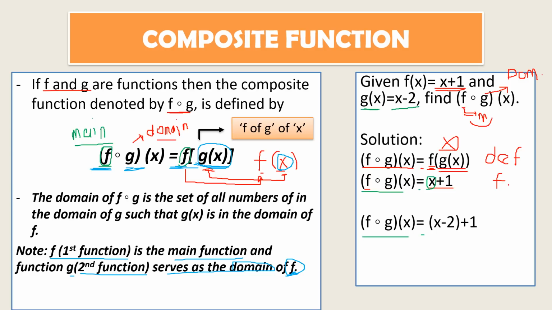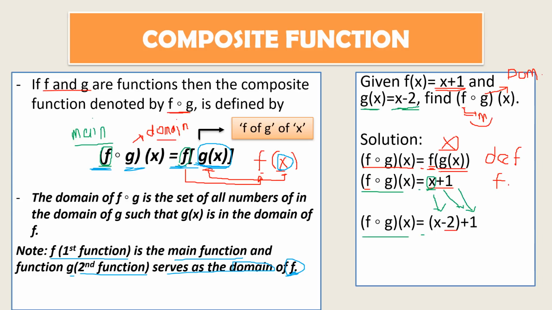G of x is the domain. Therefore, ang value ng g of x, yun yung ipapalit natin sa x ng f. Okay? So, si x becomes x minus 2. Tapos, plus 1. Okay? So, this is x.